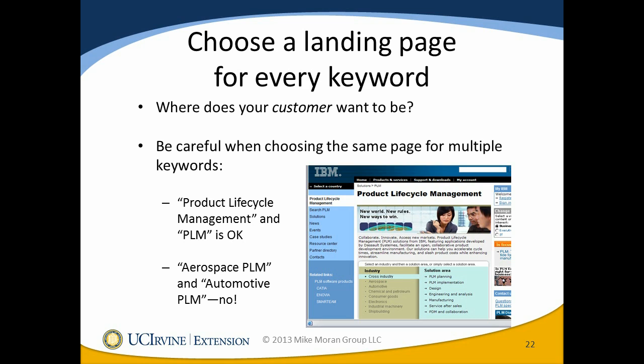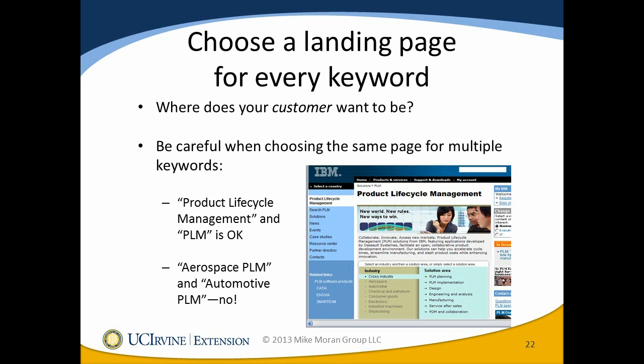So it was perfectly fine to pick this page that's about product lifecycle management for multiple keywords. If people type in product lifecycle management, this page should come up. And also, if they type the abbreviation, PLM, this page should show up too. Perfectly fine. Product lifecycle management, PLM, they both mean exactly the same thing. Fine to show them the same page.